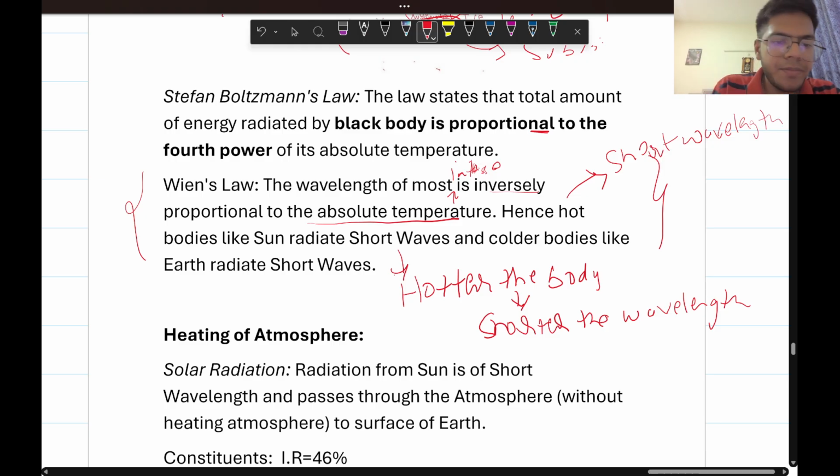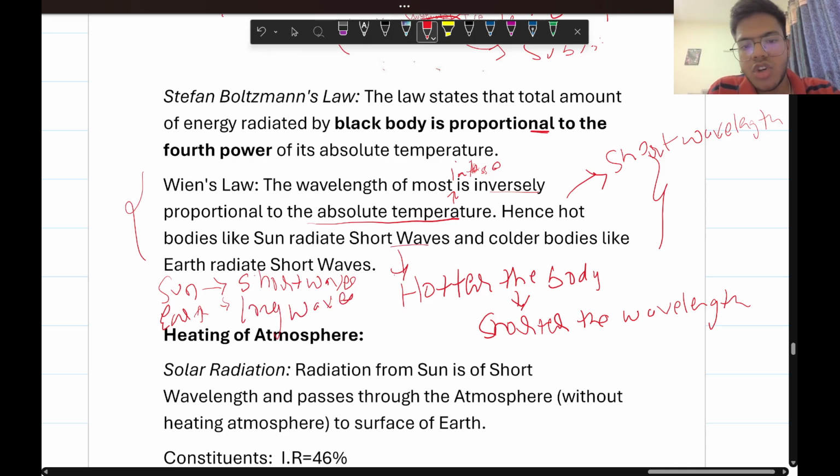Remember this thing guys, this is very important: the radiations from the sun are short waves, and radiations from the earth are long waves. Why are we saying short and long?